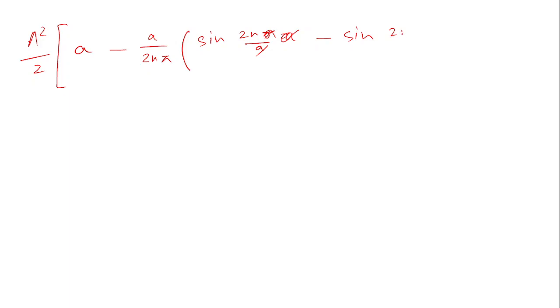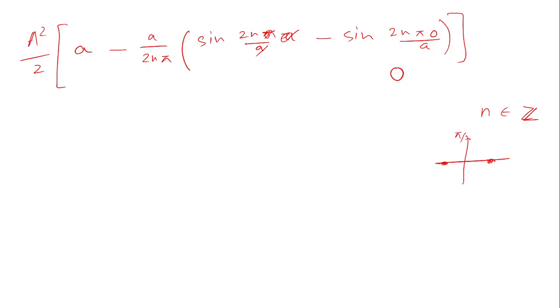This will be sine 2n pi minus sine 0, right? So this is 0, sine 0 is 0, this is 2n pi. Now whatever the value of n will be, some integer, right? We know that sine 0 is 0, sine 180 is 0, so this is 0, this is pi, this is 2 pi, then this is 3 pi, then this is 4 pi.